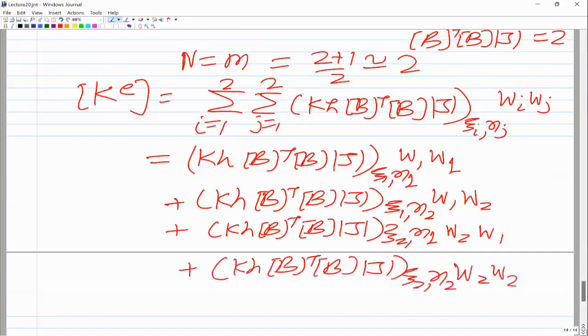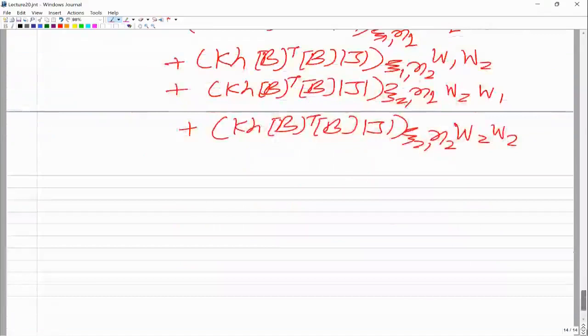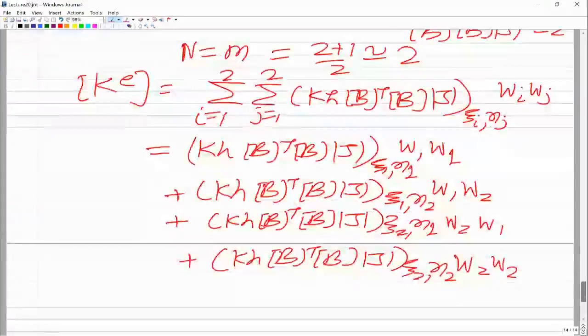So suppose you want to develop a code in MATLAB to evaluate this matrix. Then for each Gauss point, first you take the Gauss point values of xi and eta as xi 1 and eta 1, and then get the derivatives of the shape functions at this particular point, and then multiply B transpose B J, all evaluated at xi 1 eta 1, then multiply by W1.